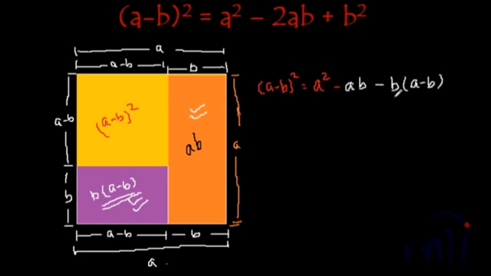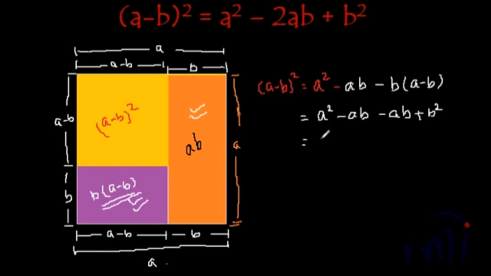And to simplify this, let me open this bracket. Let me multiply this minus b inside the bracket. So we will get this a square will be as it is. This minus ab will also be as it is. And minus b multiplied by a will be minus ab. And minus b multiplied by minus b will be plus b square, right?